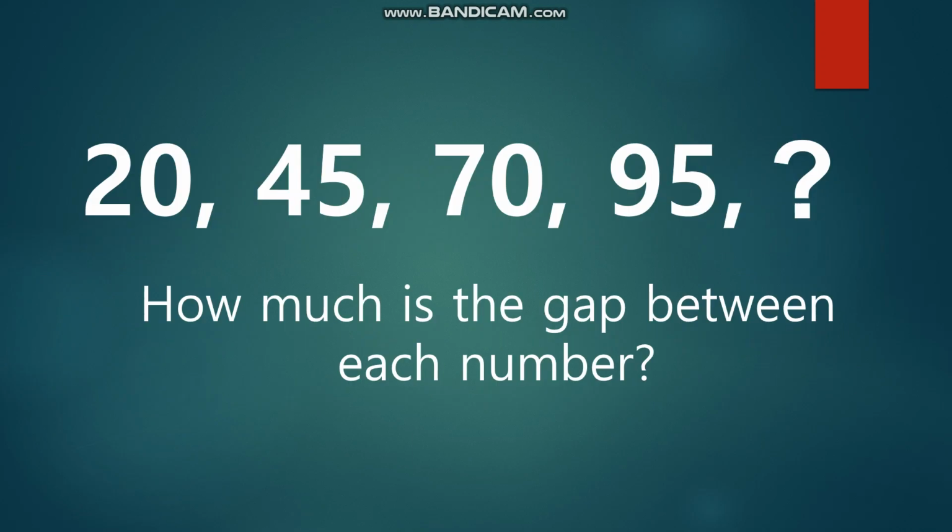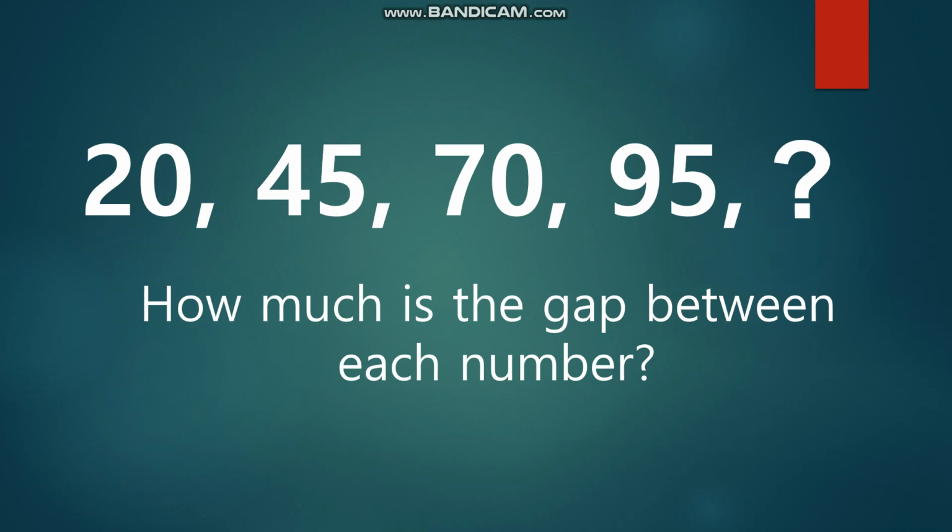And I will give a second hint. There are 4 numbers and a question mark: 20, 45, 70, 95, and a question mark. In this arithmetic sequence, the difference between the consecutive terms is constant.